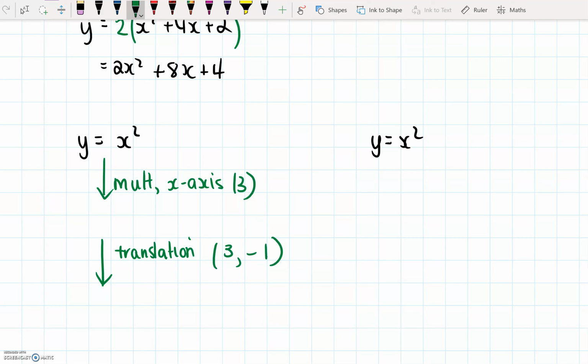On the other side, we're going to do it in the other order. We're going to translate (3, -1), and then once we've done that, we're going to multiply.